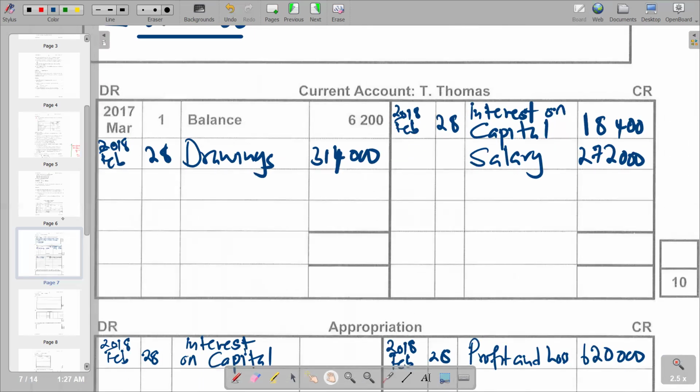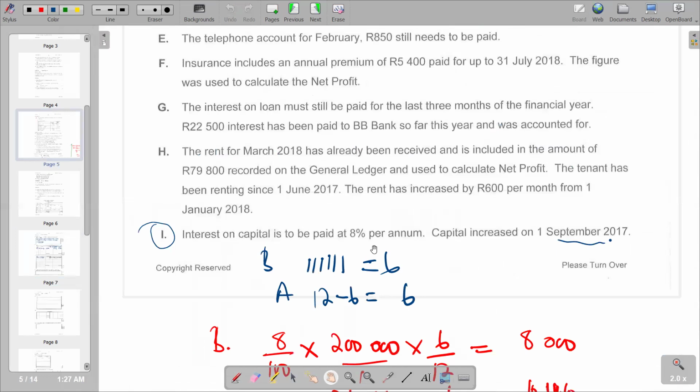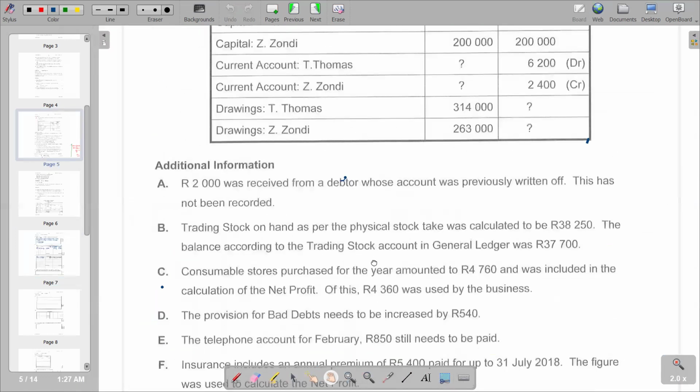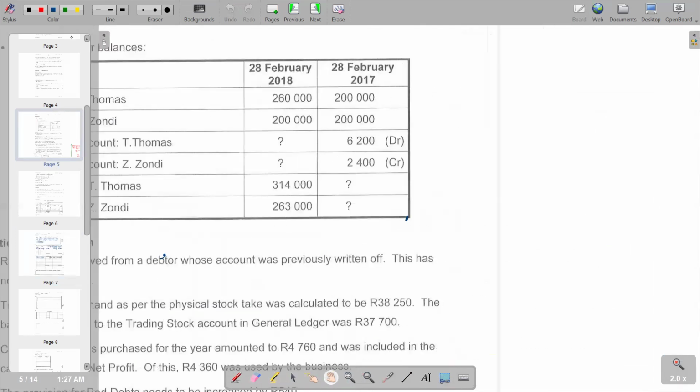And then we now calculate for the other partner. We've got 8% interest on capital, and we do not have any change. If you check there, the capital for Zondi did not change. So we are just going to use 200,000. So 8%, 8 over 100 times 200,000.